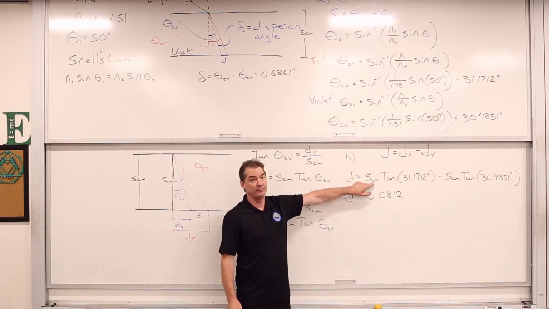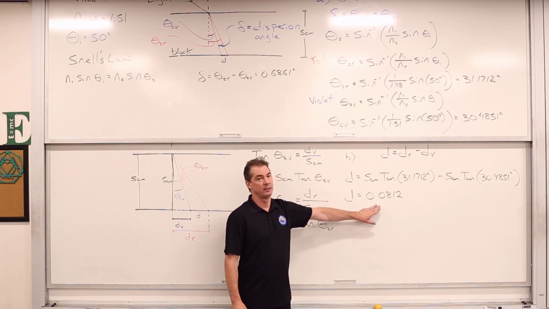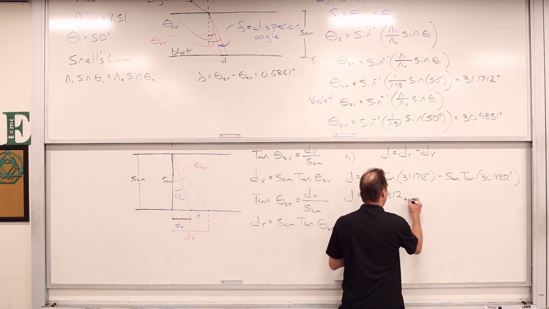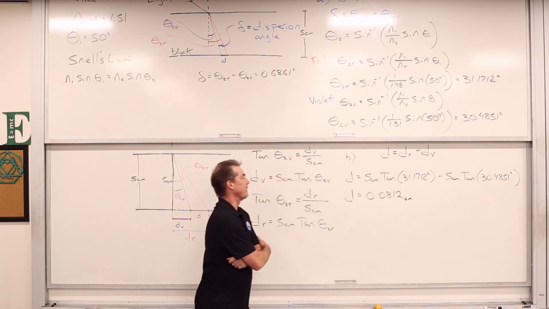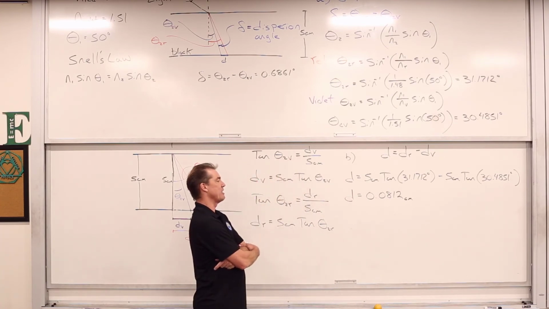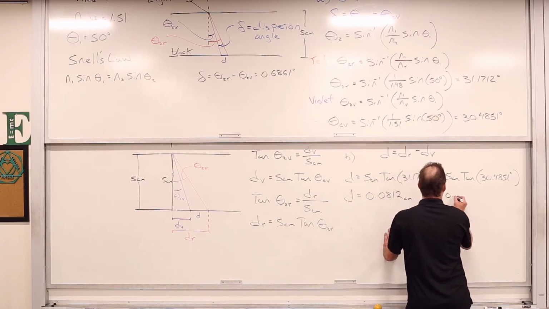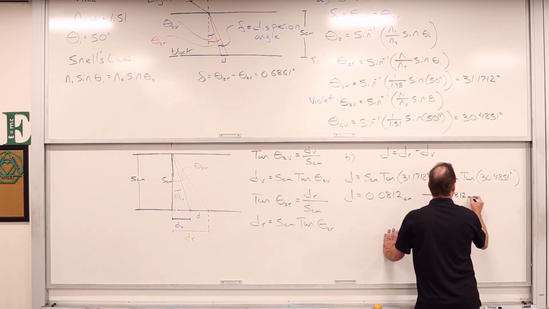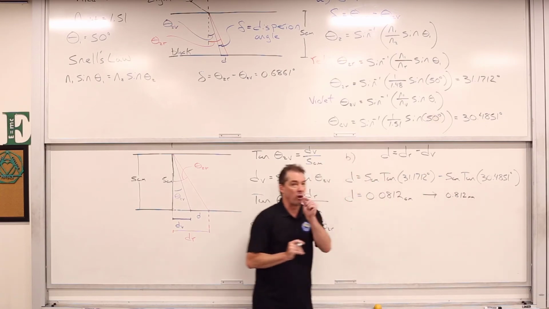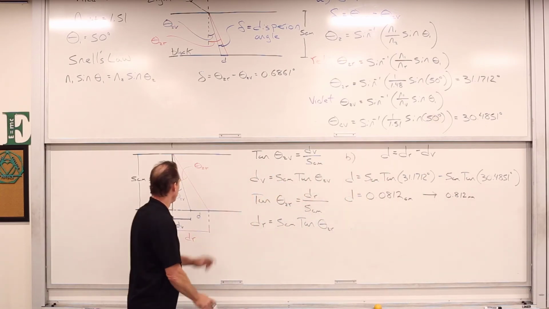This is centimeters here. So gotta be a little careful with that. Well, if we wanted to change this to millimeters, we could write this in millimeters. That is 0.812 millimeters. Not even 1 millimeter spatial separation.